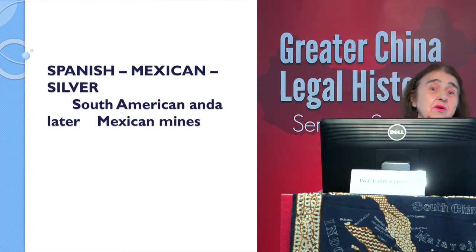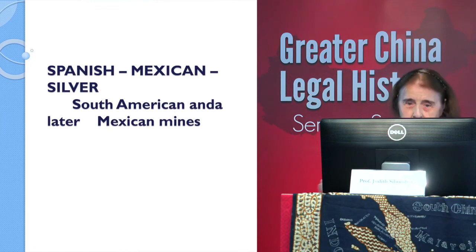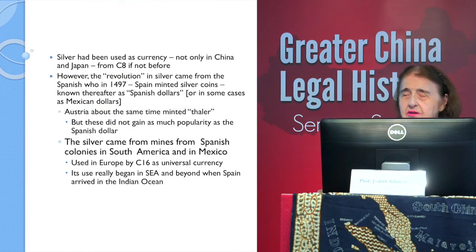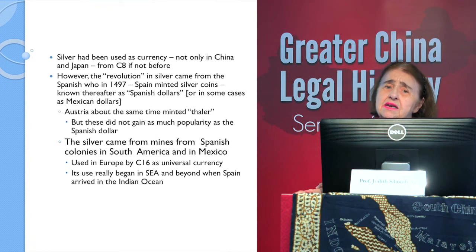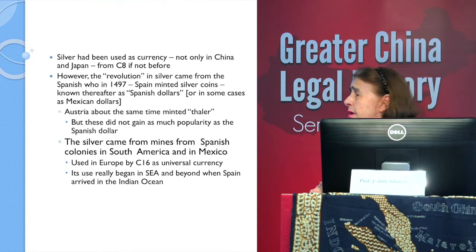Now, the Spanish dollar. What was it? Why did we need it? Silver, not only in China and Japan, but at least from 8th century, everybody knew about silver. But the real revolution was 1497. When did Columbus sail the ocean blue? 1492.